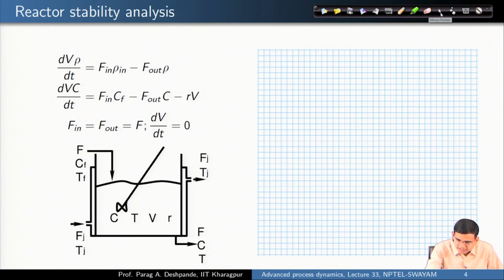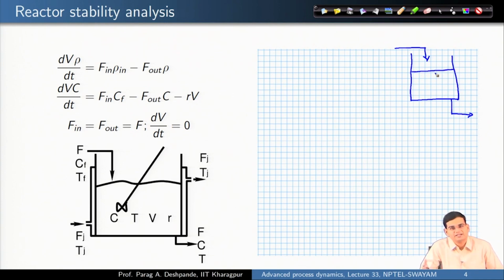So, the first thing I can do is write a mass balance over the system. I have simply a tank in which material is coming in, material is going out, and a certain level is maintained.